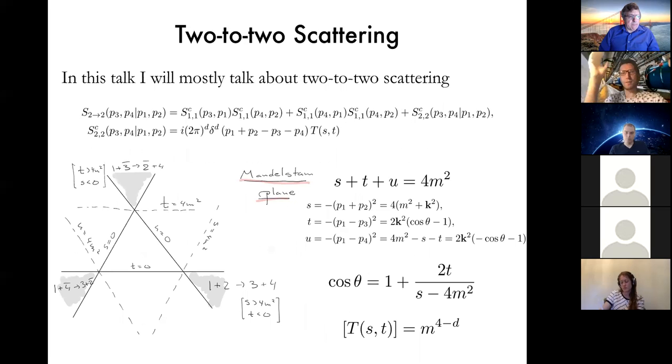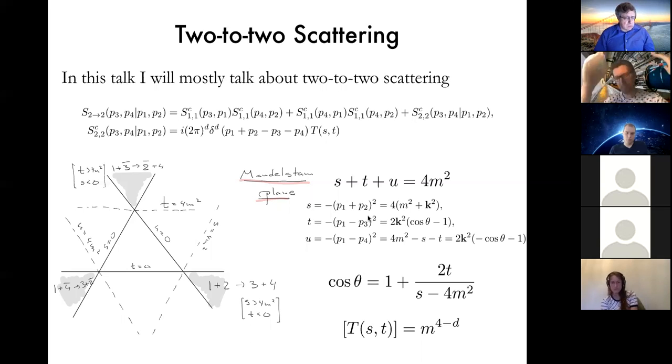Now, I will be talking about 2-to-2 scattering. The 2-to-2 S matrix element involves a disconnected piece and a connected piece. The connected piece again has a momentum-conserving delta function and a function of Mandelstam invariants, which are standard things.